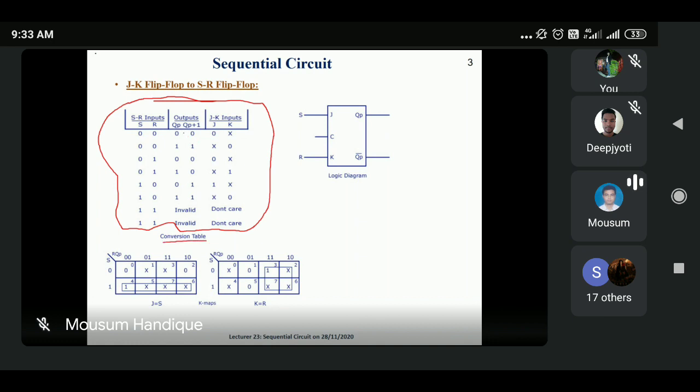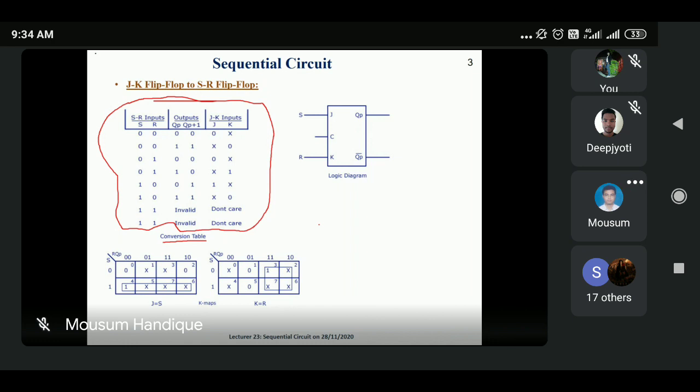Now, instead of QP you can consider Q also. You can write Q, or QP plus 1, or just Q(t) plus 1. It does not matter, but whatever variable we are using, you must use the same in the KMF also. Otherwise it is confusing: if you declare QP in one place and use some other variable Q in the KMF, then it is a problem. Whatever variable you use, continue with the same in the whole process.